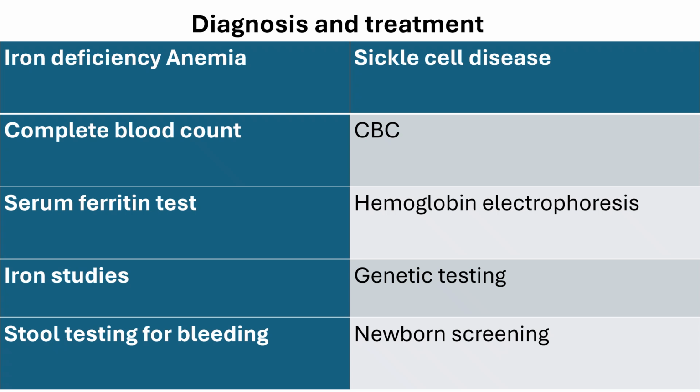Iron studies for iron deficiency anemia, and for the bleeding, while sickle cell requires hemoglobin electrophoresis, genetic testing, and newborn screening.